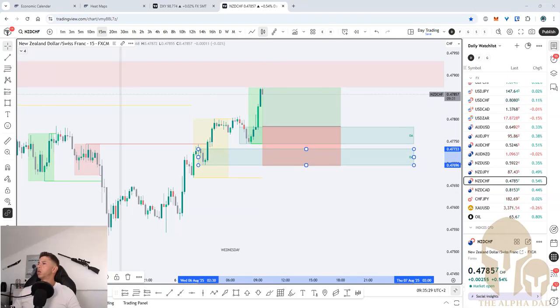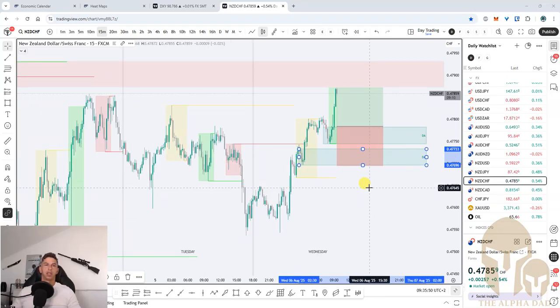This is JPY. What I'm checking is, from the non-commercials, the COT perspective, that is the fundamental part, right?